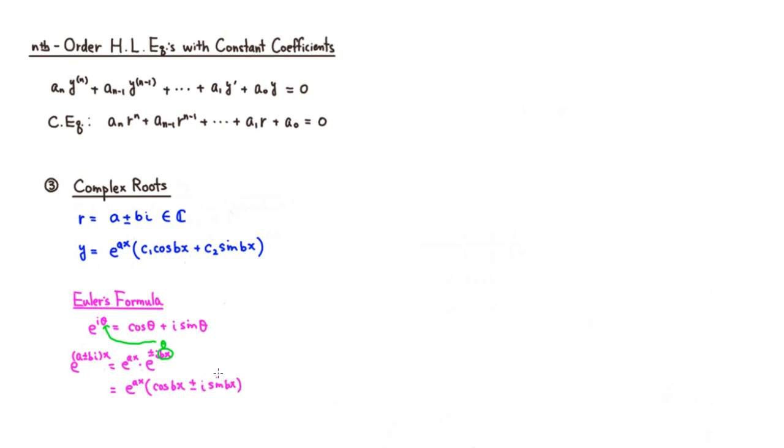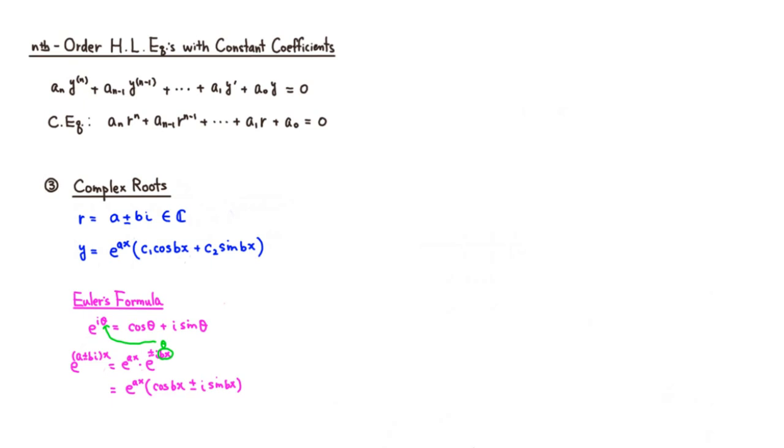All they did was put the constants c1 and c2 in front of cosine and sine, and let c2 absorb the i in front, because i is a constant. So that's where this comes from.